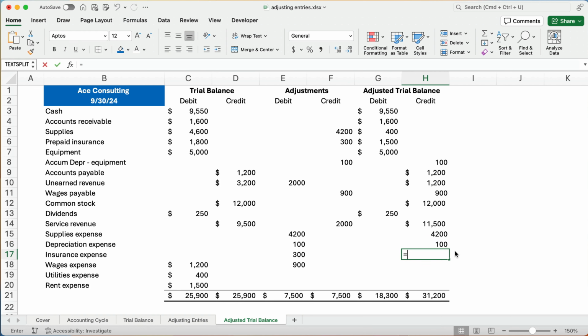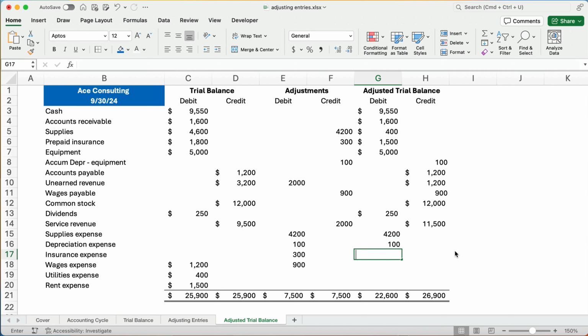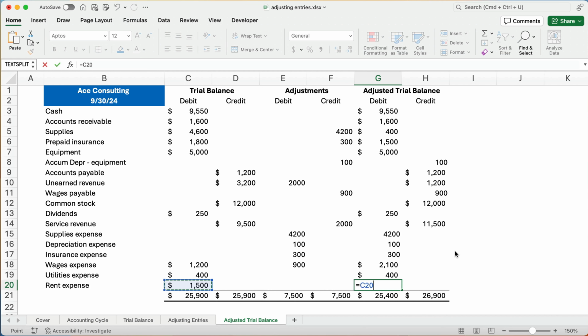Depreciation is $100. These need to be debit, sorry. So, supplies expense $4,200. Depreciation is $100. Insurance expense is $300. Wage expense is $1,200 plus the $900 is $2,100. The $400 just carries over, and the $1,500.